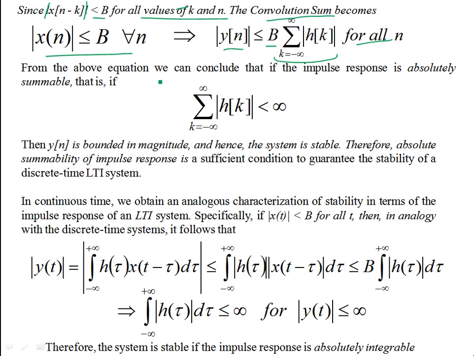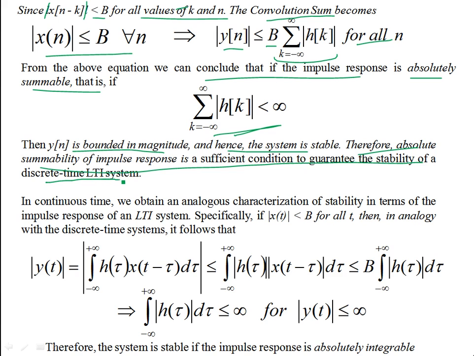So from the above equation, we conclude that if the impulse response is absolutely summable, that is, if the sum of the magnitude of h of k is less than infinity, then the system is stable. So y of n is bounded in magnitude, hence the system is stable. Therefore, the absolute summability of the impulse response is a sufficient condition to guarantee the stability of a discrete time LTI system.